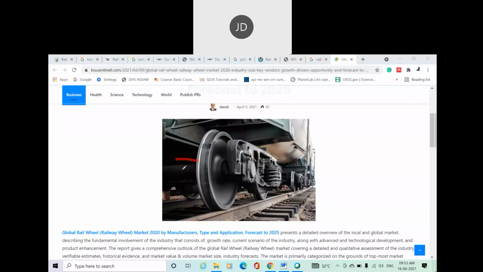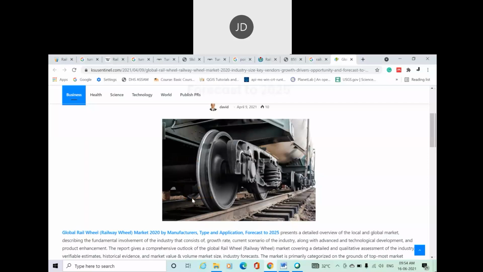Fine. But this part, this flank part, I'm talking about this part, which is larger in diameter, which is inside. You can see this diagram. Can you see the wheel behind?